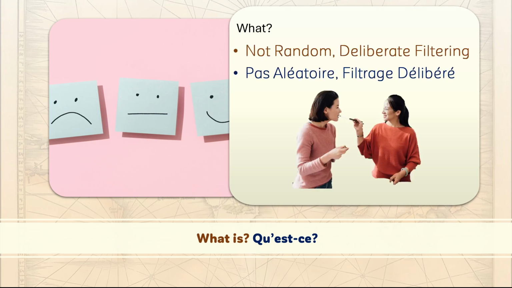So it's not random, it's deliberate filtering. So you go through a process of trial and error. You need to test the design you came up with, and you need to test it with other people because you're not the only final judge in anything artistic.